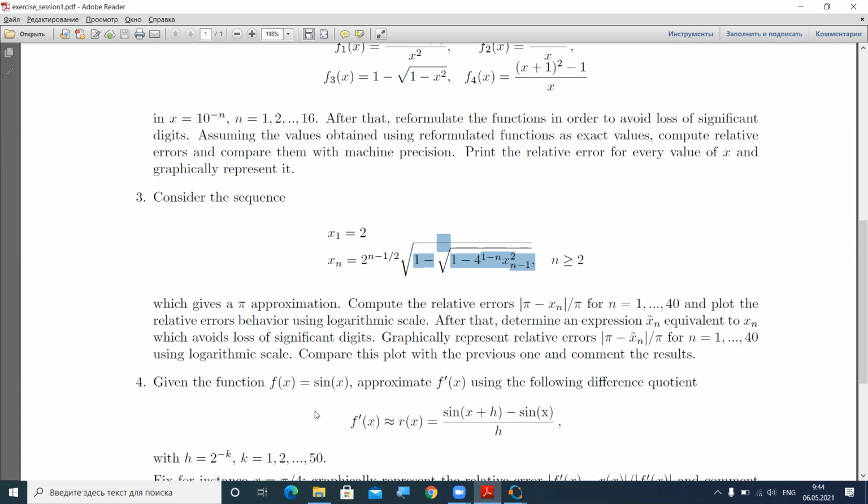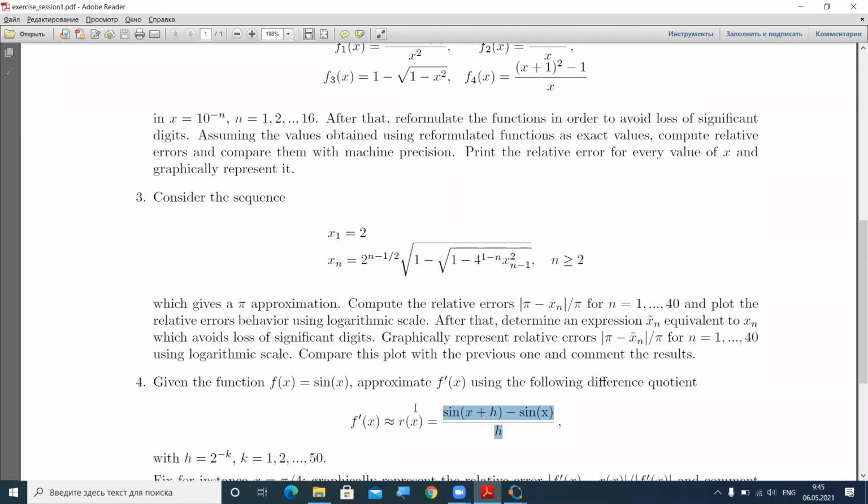It was equal to the derivative of the function, f prime, yeah? Do you remember this formula? Yeah, I do remember. So now we need to approximate this function with this expression. The given function is sine x, and you can see that h or delta x tends to 0.